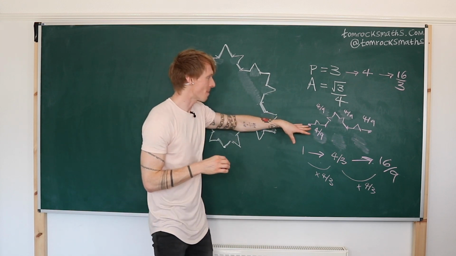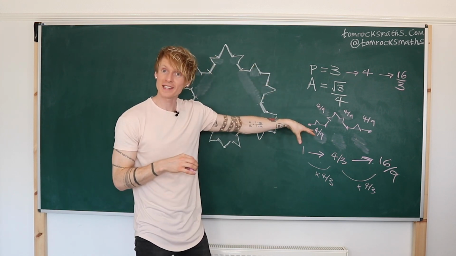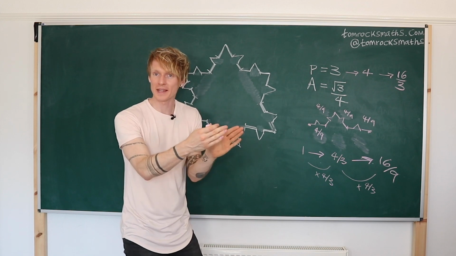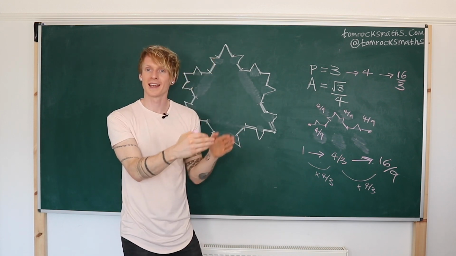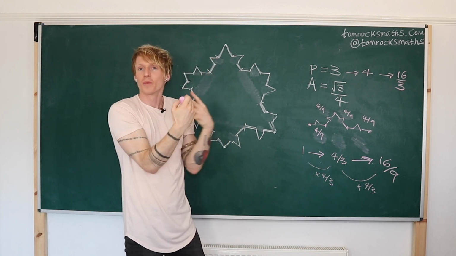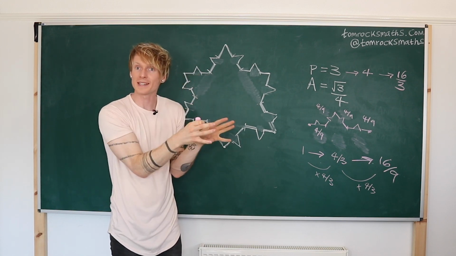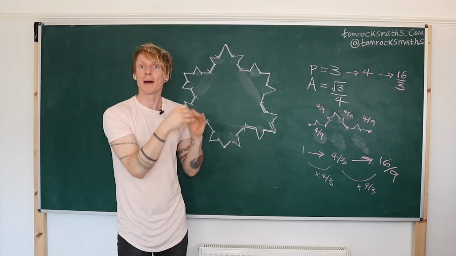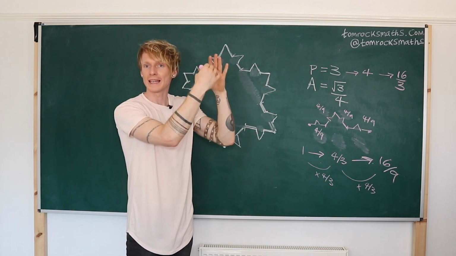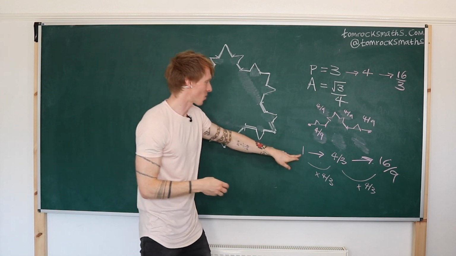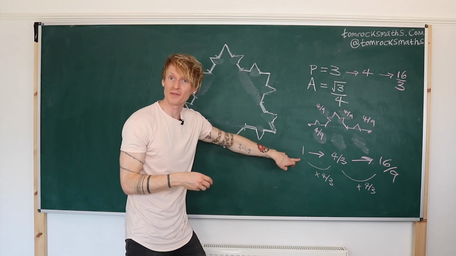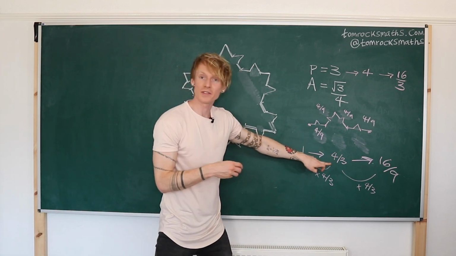So what's actually happening through our 3 steps of dividing into 3 pieces, removing the middle piece, adding in 2 more, we're taking the original line, which had 3 equally lengthed pieces, and replacing it by 4 equally lengthed pieces. So that's why we're going from 1, 3 out of 3, to 4 out of 3.